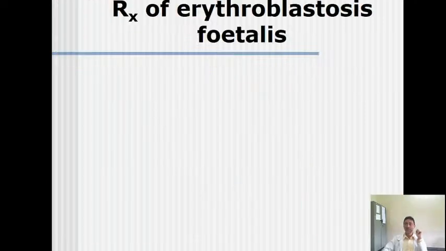So this is about erythroblastosis foetalis. I have told the whole pathophysiology and also explained the basic physiology, what the Rh system is, how the Rh system is developed, what happens during the first pregnancy, what happens during the second pregnancy, and in the second pregnancy, what are the features seen in the newborn.